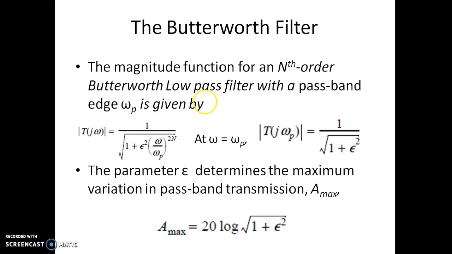The parameter epsilon determines the maximum variation in the passband transmission, that is Amax. So Amax can be written as, so this is the gain. Suppose if you want to write the attenuation, it is 1 over this. So 1 over this happens to be under root of 1 plus epsilon square. The dB representation of this happens to be Amax is equal to 20 log of under root of 1 plus epsilon square.